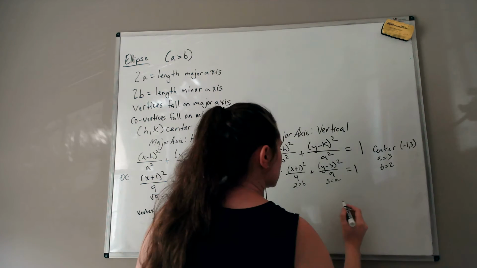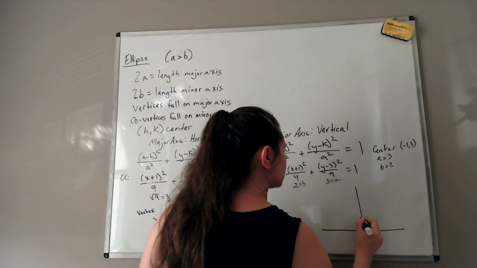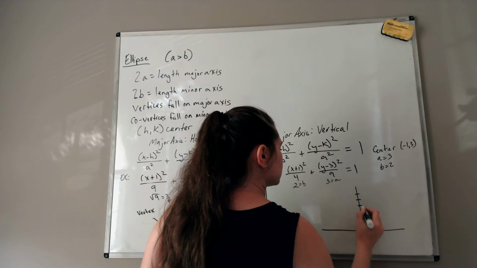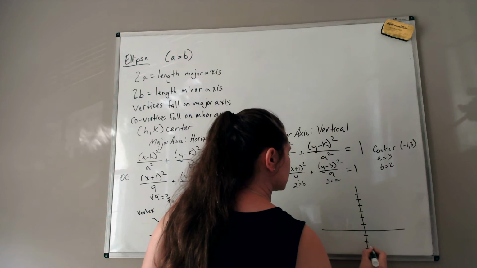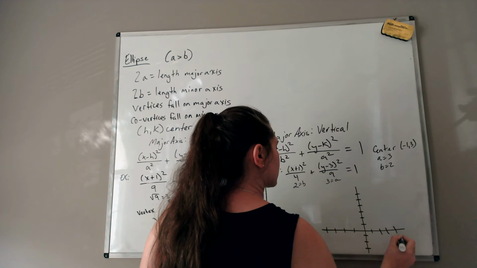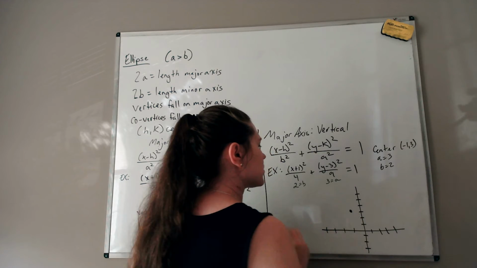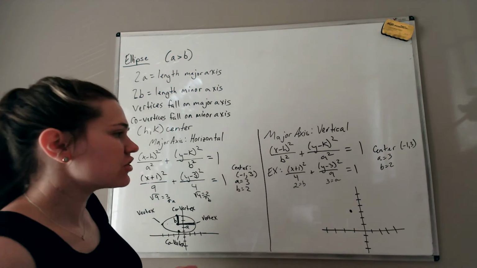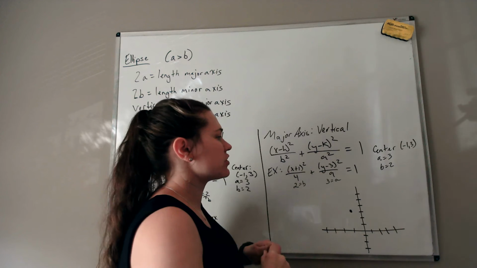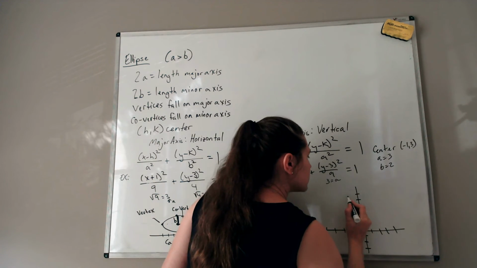So when we sketch this, negative 1, 3, that's the center. So now your major axis is the vertical axis. That means your vertices are going to fall up and down. So you've got to go up 3, 1, 2, 3.